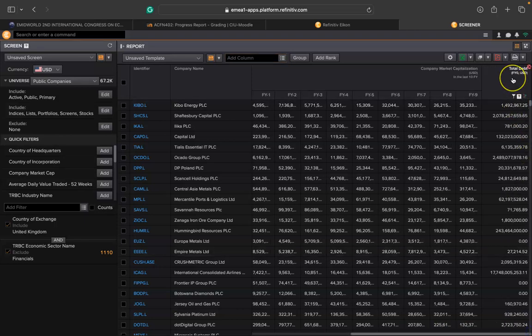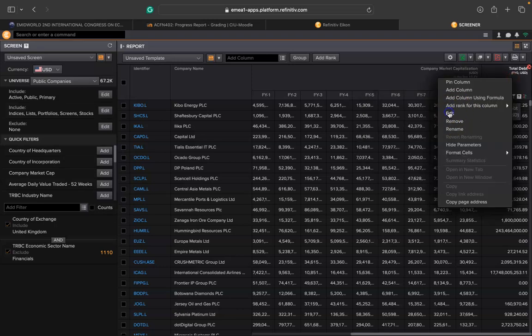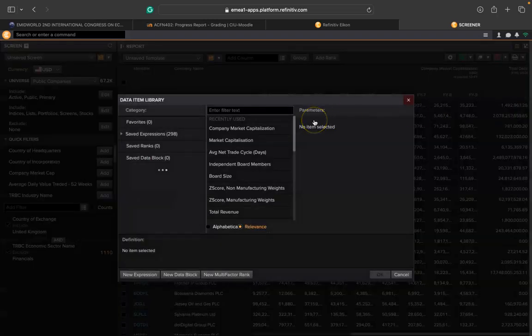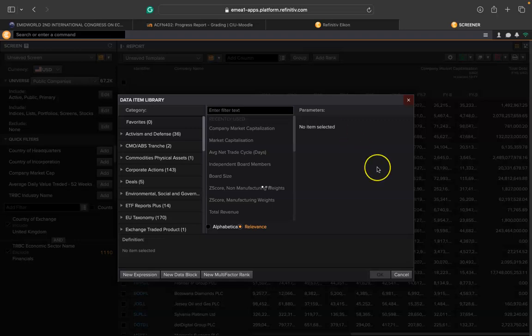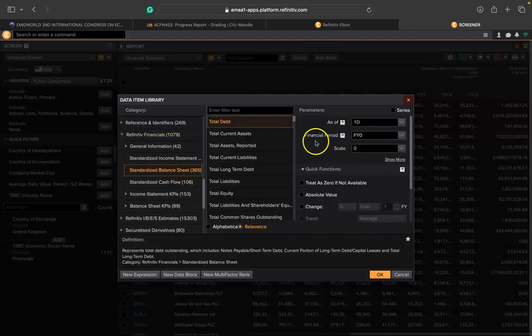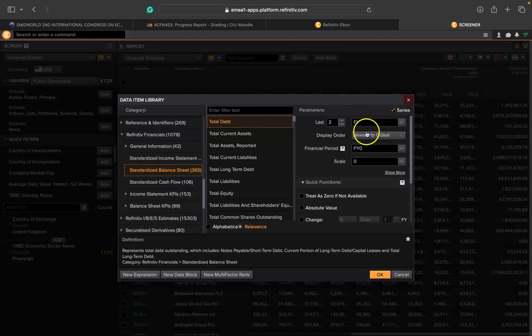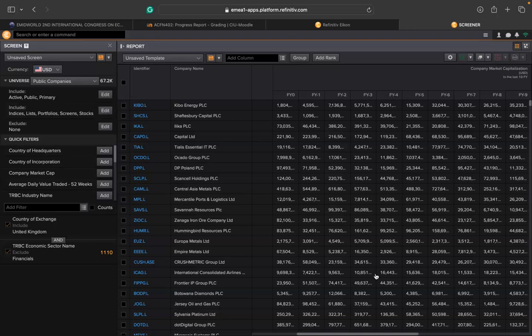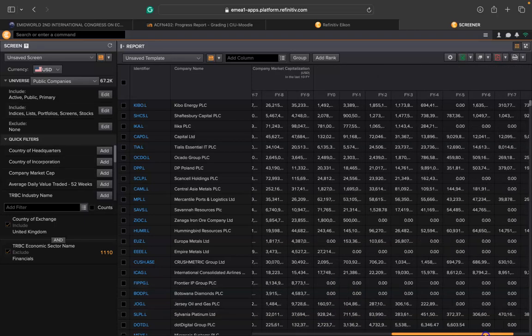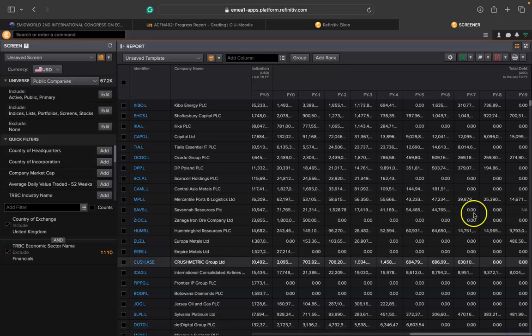I want 10 years of data, so right click, edit. When I'm editing, it's coming to total debt again. I'm going to put the series and fiscal years and 10 years of data as well. Now if you look at this one, it generates total debt as well.